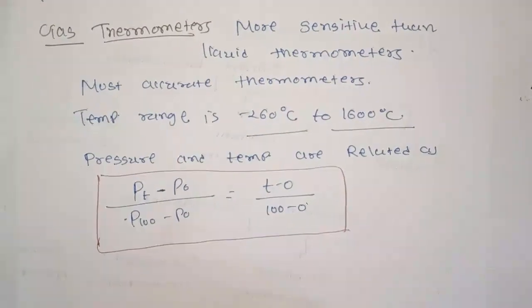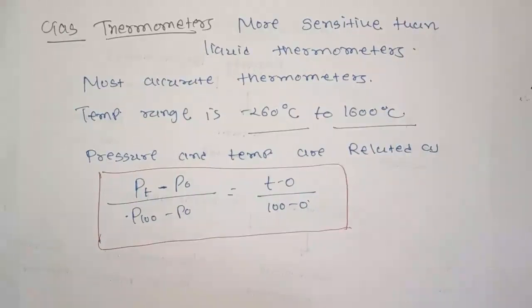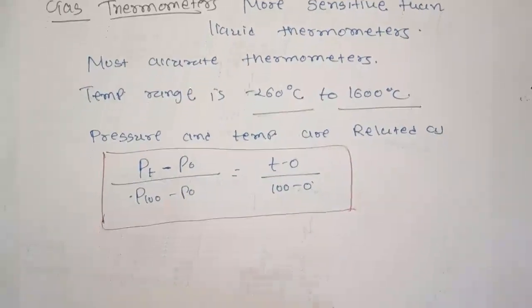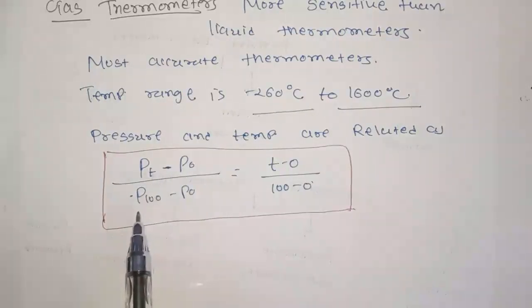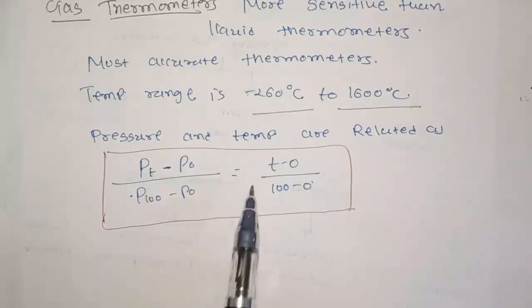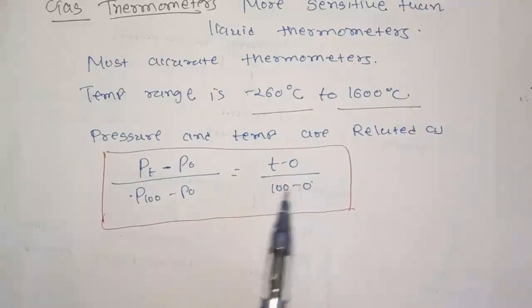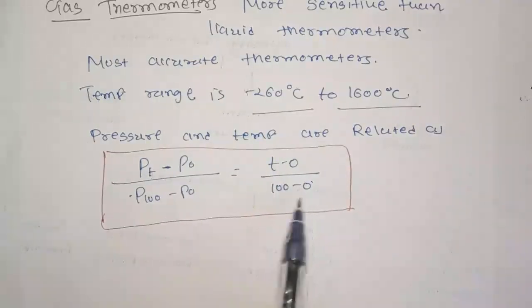We can find the temperature using gas thermometers by this expression: (Pt minus P naught) divided by (P100 minus P naught) is equal to (T minus 0) divided by (100 minus 0).